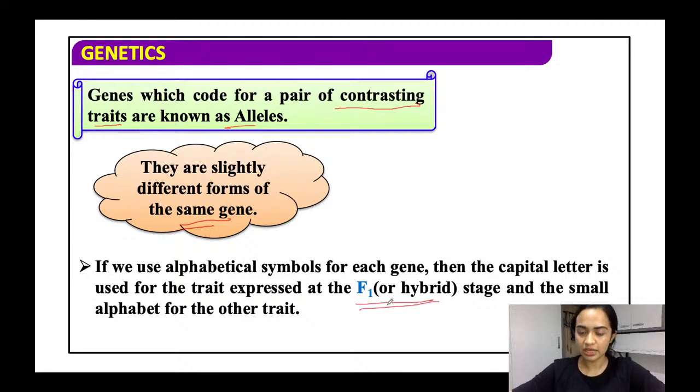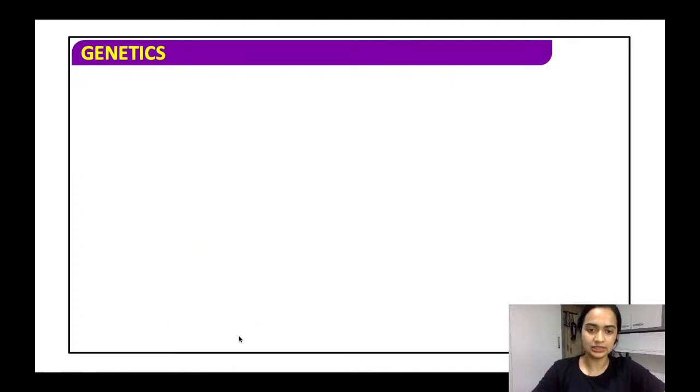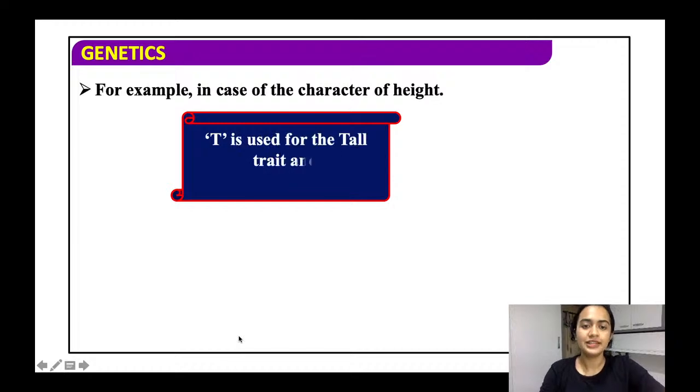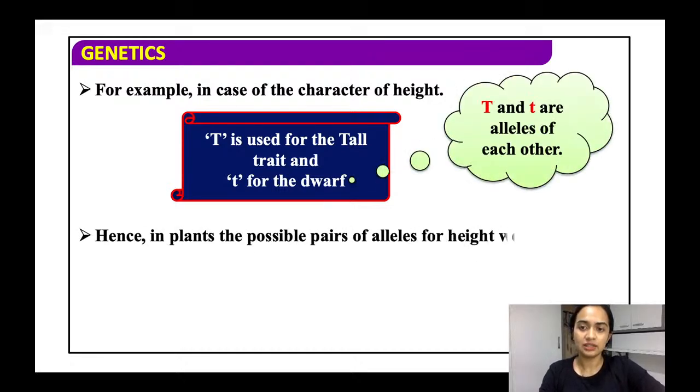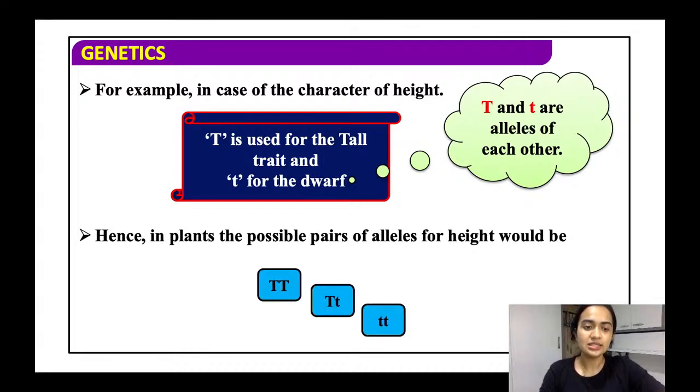So whatever appears in the F1 is dominant, and for it a capital letter is always used. And what is expressed in the F2, the recessive, we denote with a small letter. For example, in the case of height, capital T is for the tall and the small t is for the dwarf one. So capital T and small t are alleles of each other. Hence, in plants it is possible that there are pairs of alleles. When an allele pair forms, it can be in these three combinations.